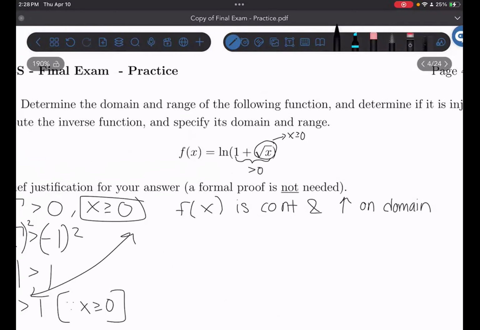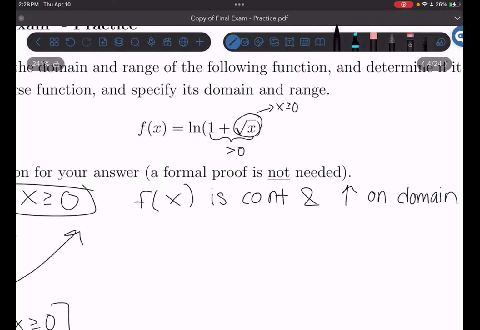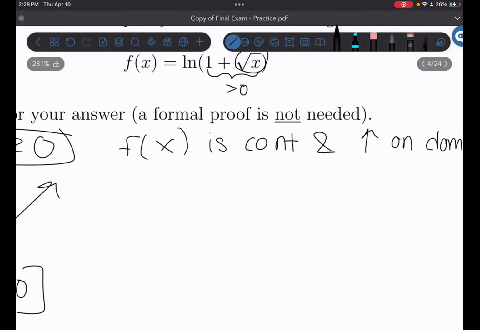Okay, so now we gotta see whether this function is injective. The easiest way to do that is if you consider the graph of f of x. So if we consider the graph of f of x, it looks something like this.